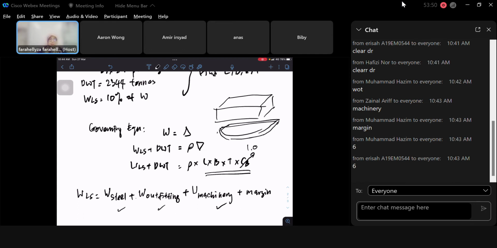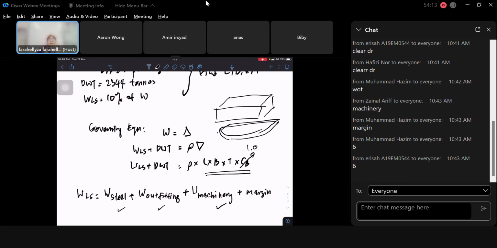Or maybe let's say for weight of machinery, another approach that we can use is basically we get basis ships that are mostly near to the main dimension of your ship. Then you get information on what kind of machine or main engine that they use on board the vessel.